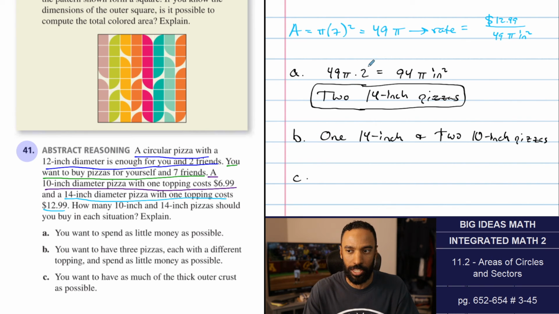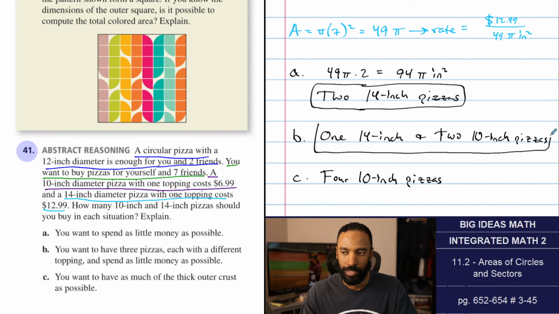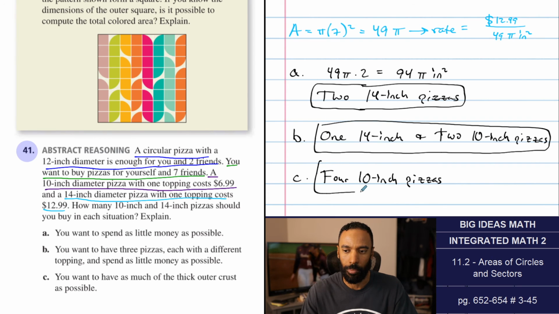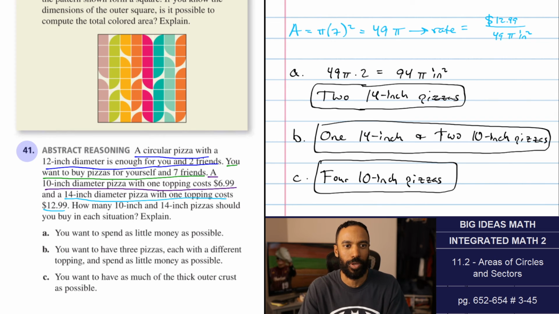And you need to exceed 84 pi. So you need to buy 4 of those. 4 10-inch pizzas, because that'll give you 100 pi square inches. And then cost is not relevant there, but the 10-inch pizzas get you more outer crust with that in mind.